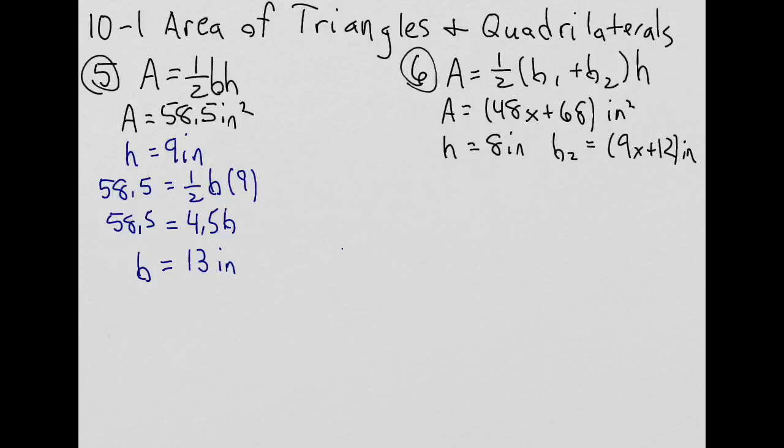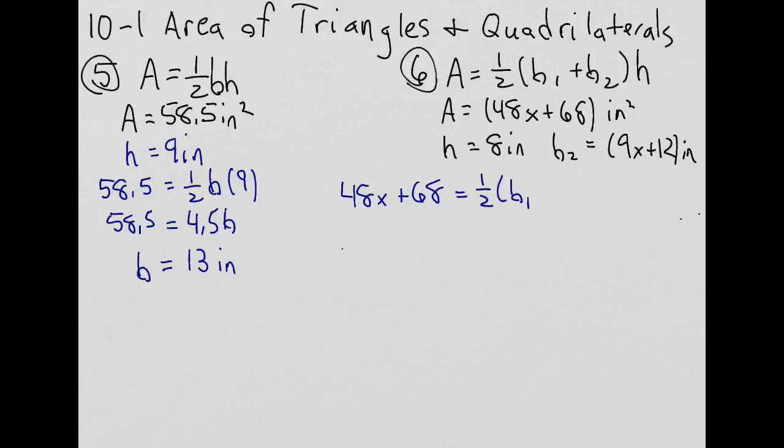So area is the 48x plus 68 square inches. 48x plus 68 is equal to 1/2, parentheses, base 1, which is what we're solving for.